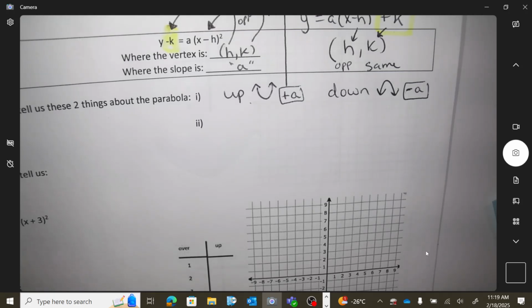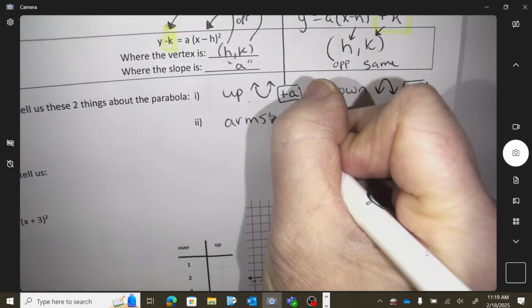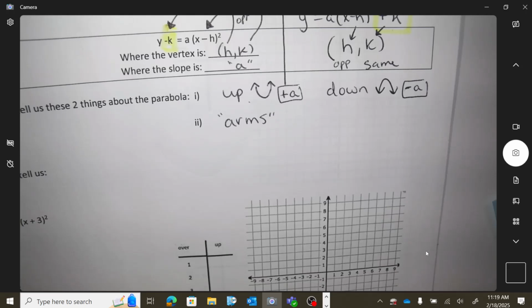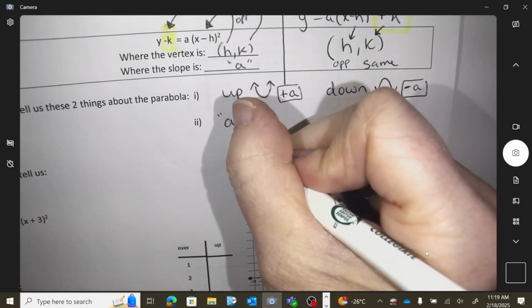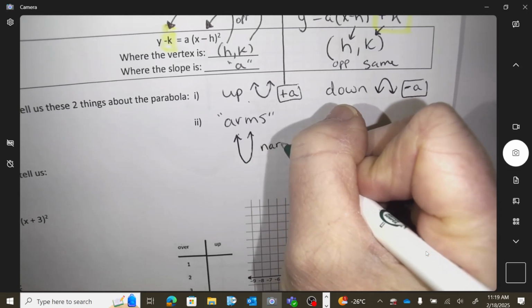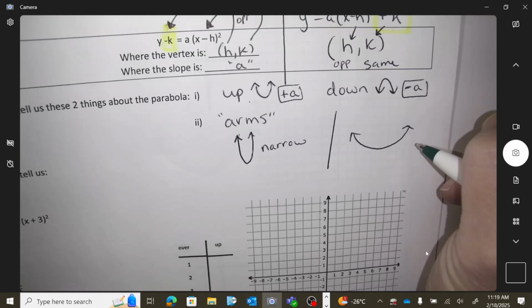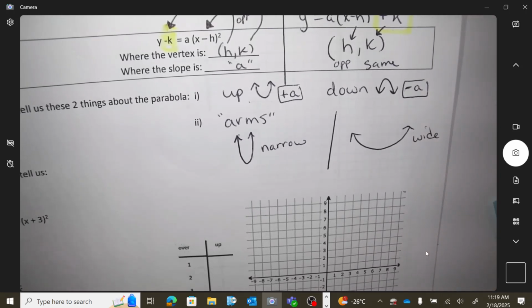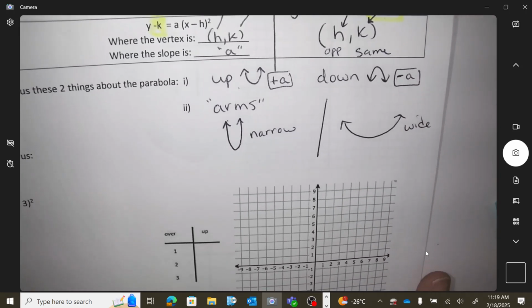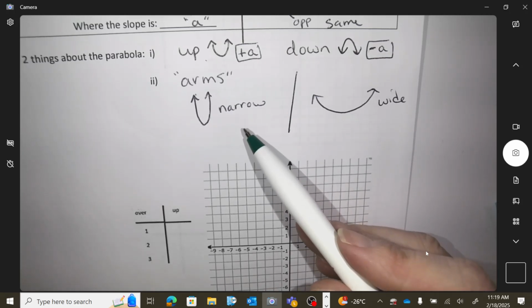And what's the second thing it tells me? A is going to tell me how my arms look. So my arms could go more skinny or narrow, or the arms of my parabola could be a little bit wider. So a will tell me all about that. So how do I know if it's going to make it more narrow?